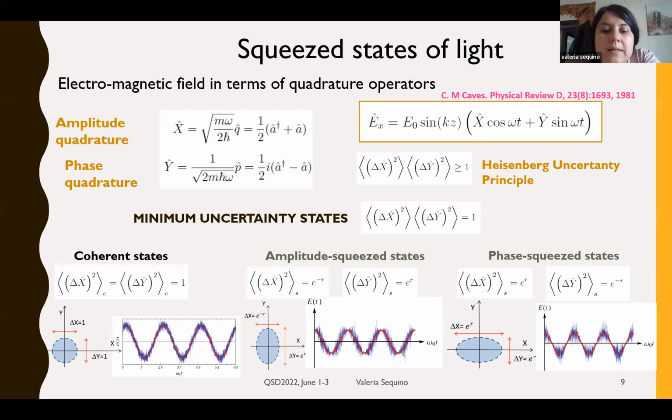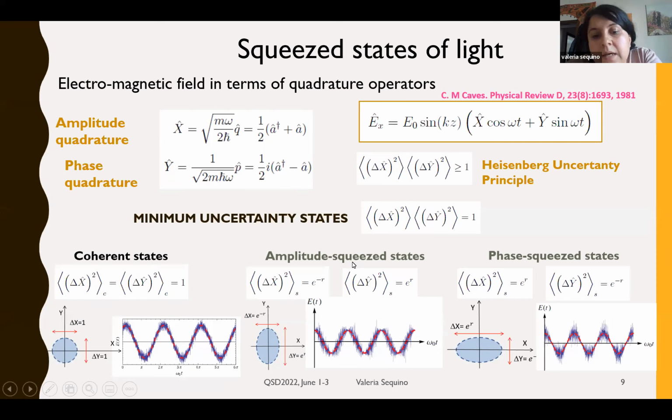In particular, we can define the minimum uncertainty states. The coherent states are states for which the error on the amplitude quadrature and the phase quadrature are the same, as we can see also here, where the uncertainty in phase and in amplitude is the same, and this is well represented in the phase space, where we see that this is represented by a circle.